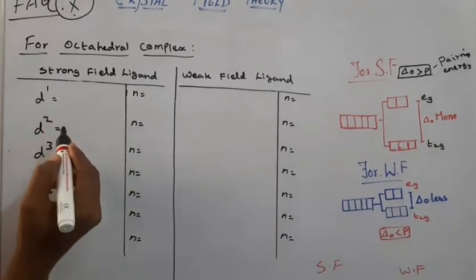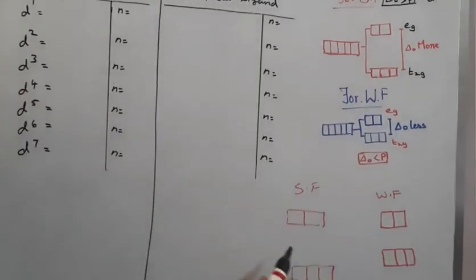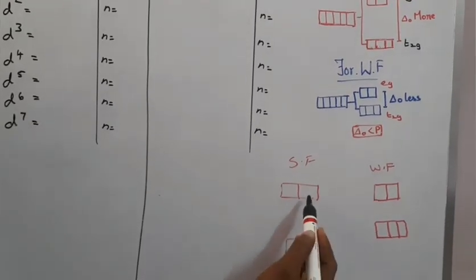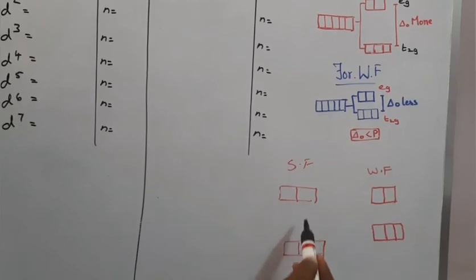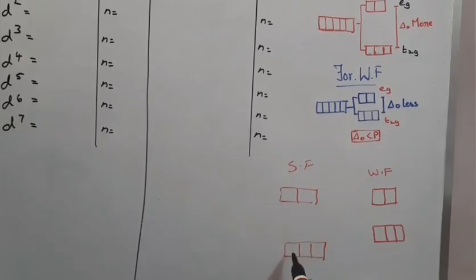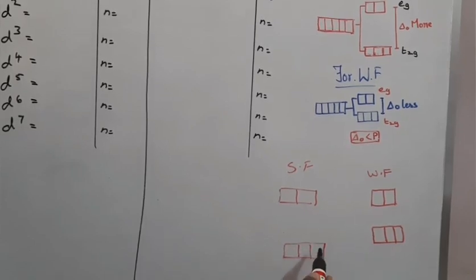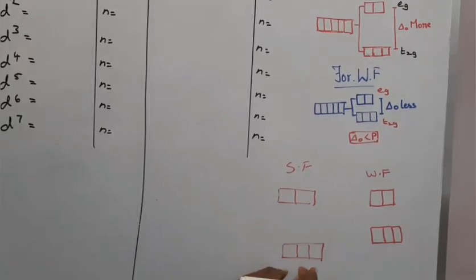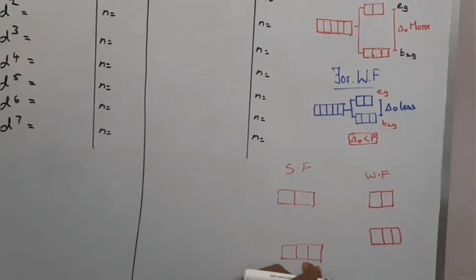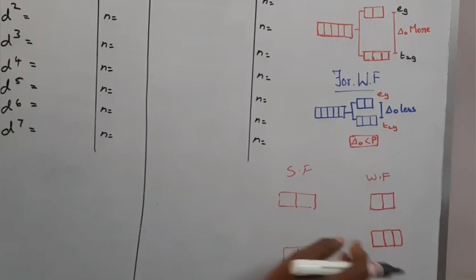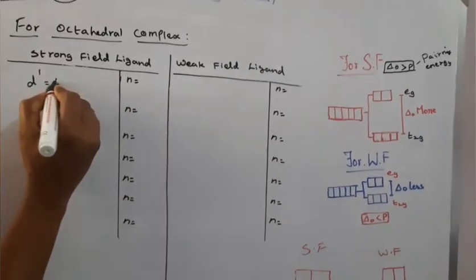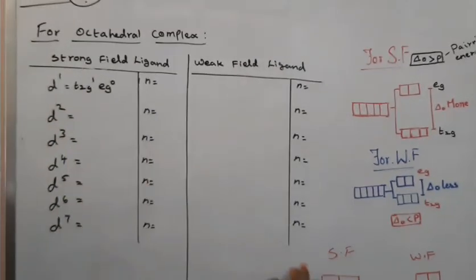For strong field, the energy gap between the Eg orbitals and T2g orbitals is very large. So d1 means one electron, d2 two electrons, d3 three electrons, and they fill the ground state level. It is the same in a weak field ligand also, because d1 means T2g1 and Eg has no electrons.